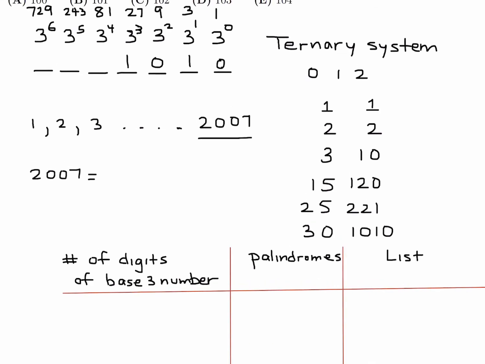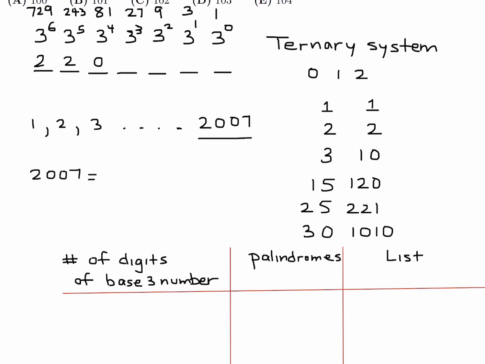All right, let's do this. I'm probably going to need to use the 729, and I think I can squeeze that in twice. So there you go, 2 goes there. And then I think I can put in 243 twice. And then after that, I have 63 remaining, so I have less than 81.